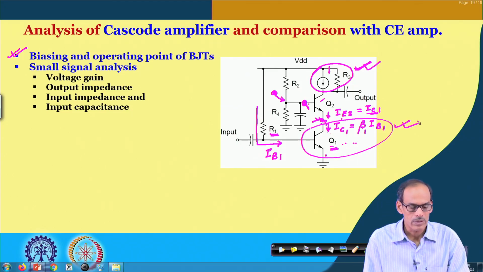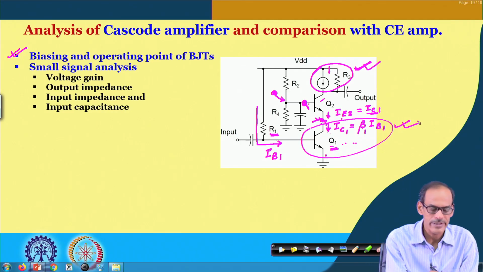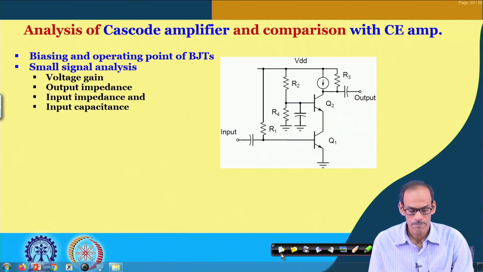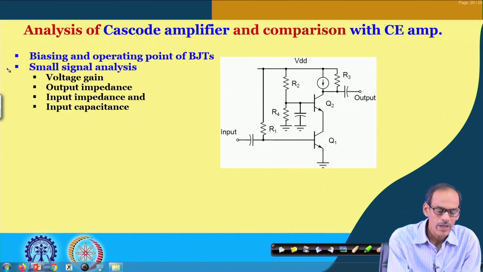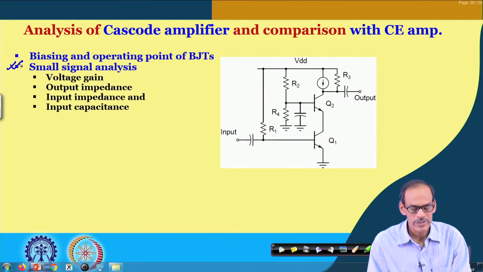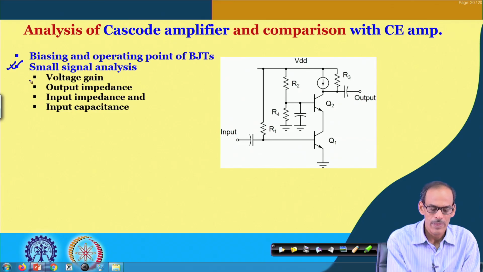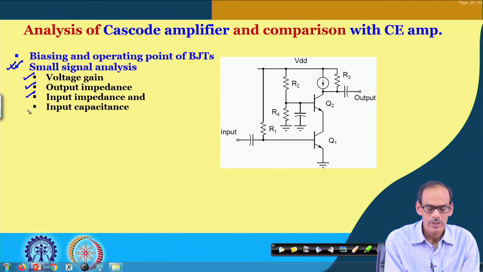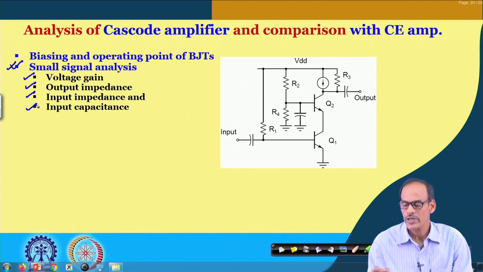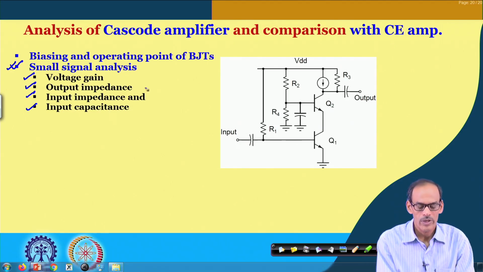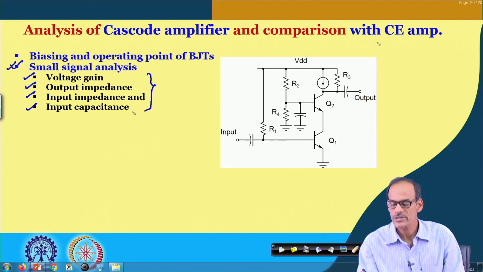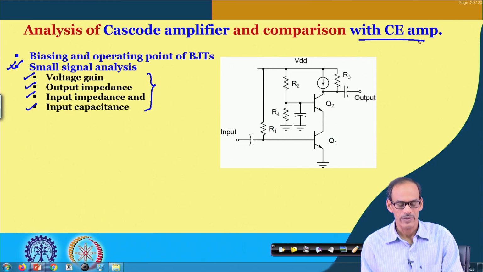Okay. Now, coming to the small signal analysis. In the small signal analysis we have the voltage gain, output impedance, and input capacitances, and those things we can compare with the corresponding performance metrics of a simple CE amplifier.